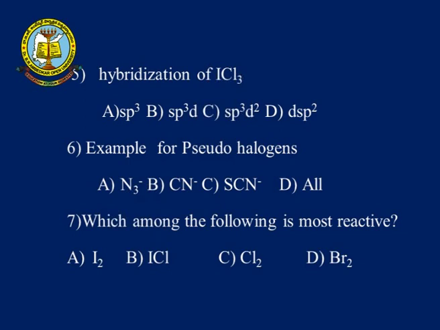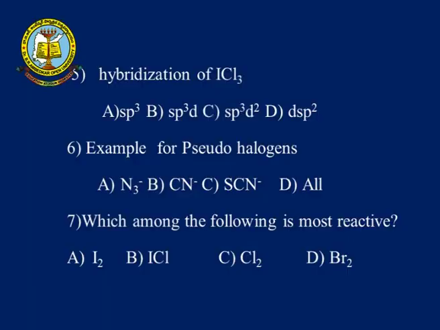So iodine, Cl2 and Br2 are purely halogens, but ICl is an interhalogen. You remember, interhalogens are more reactive than normal halogens, because two different halogens are combined here. Therefore, the normal halogen molecules are less reactive than interhalogens. Therefore, B is the right answer.